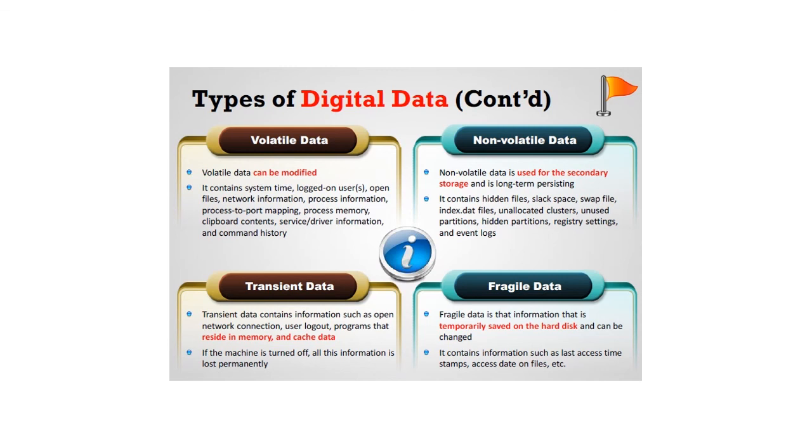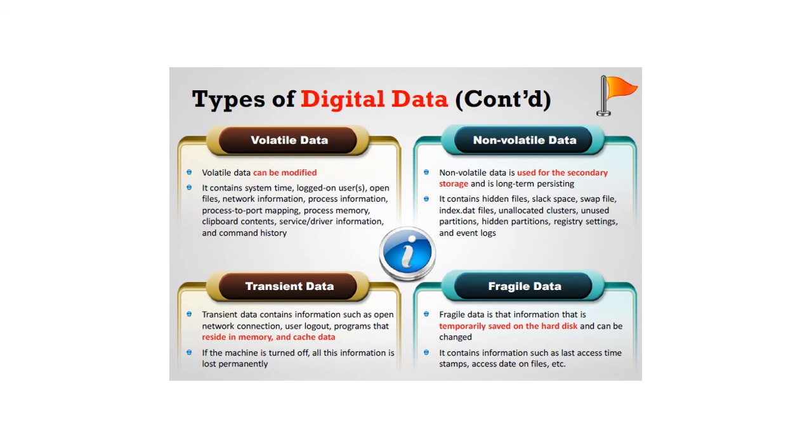We also have what we call transient data. Transient data contains information such as open network connections, user logout, programs that reside in memory, and cache data. If the machine is turned off, all this information is lost permanently.